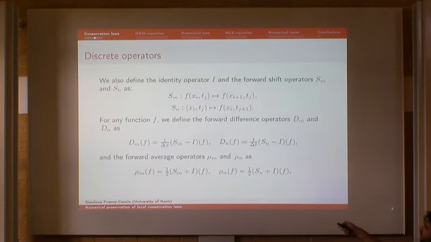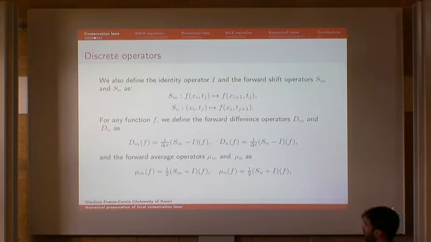We have S_m and S_n that are the forward shifts in space and time. They act like this on a function defined on the grid, so basically evaluate at the next point in space or in time, respectively. And then combining them with the identity operator, you can define the forward differences in space and time, which are the usual ones that everyone has seen.